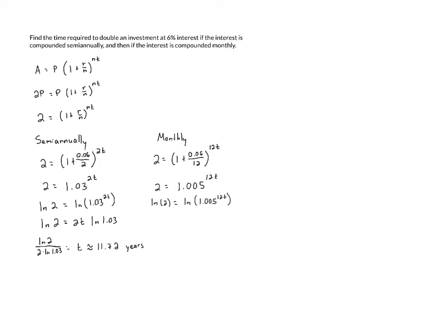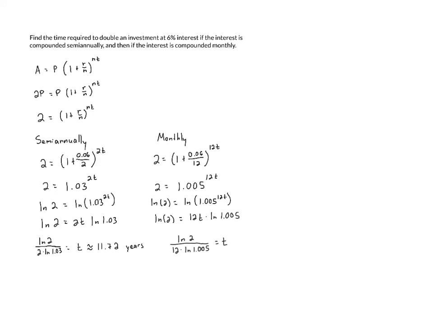And then just like before, we're going to take this exponent and bring it outside as a coefficient. So ln of 2 equals 12t times ln of 1.005. And then to get t alone, we need to divide by 12 and by ln of 1.005. So we end up with ln of 2 over 12 times ln of 1.005.